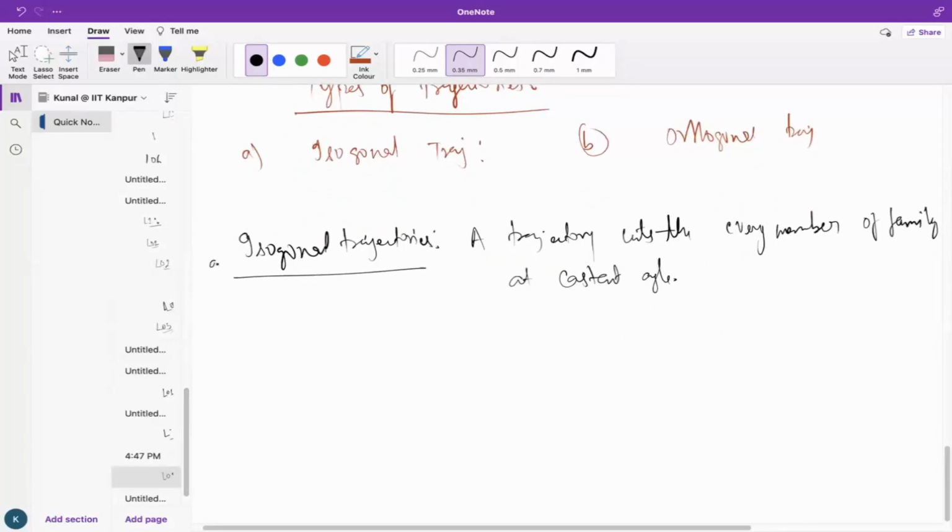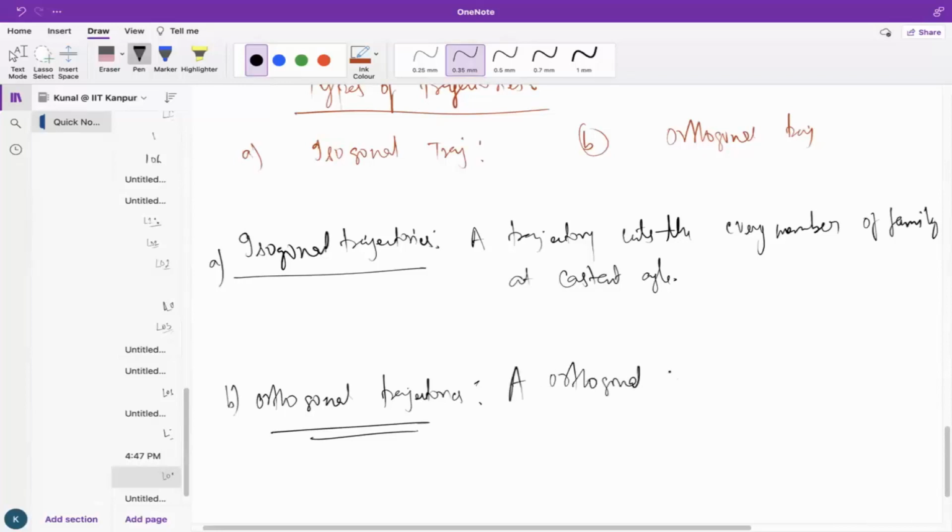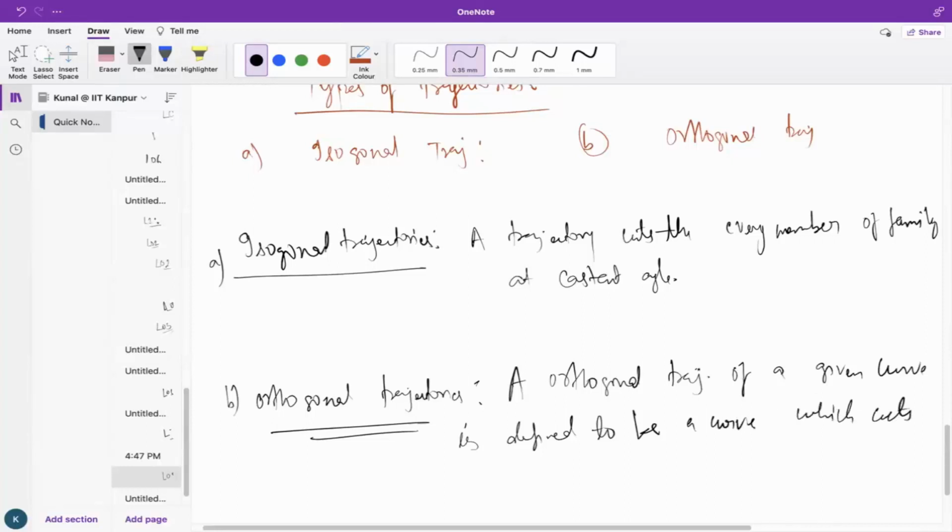So let me define it here. What is an orthogonal trajectory? The orthogonal trajectory of a given curve is defined to be a curve which cuts every member of a given family at 90 degrees.